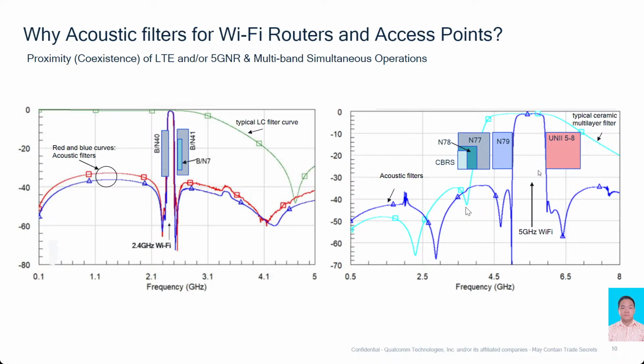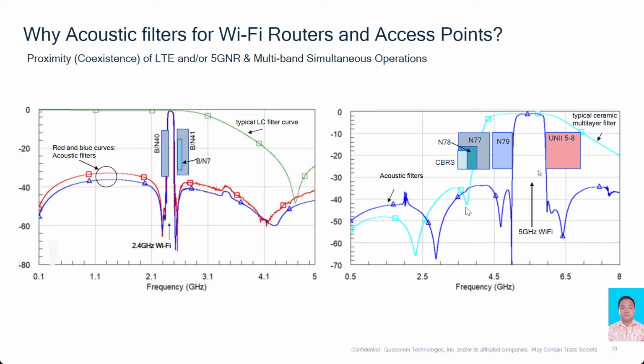Our filters are designed to attenuate those and offer very good performance right next to it, right adjacent to it. And on the right side, you have to worry about your 5 gigahertz spectrum, whether it be Uni 1 to Uni 3 or Uni 1 to Uni 4, coexisting with your 6 gigahertz, which is off to the right, which I'll show you in a moment.